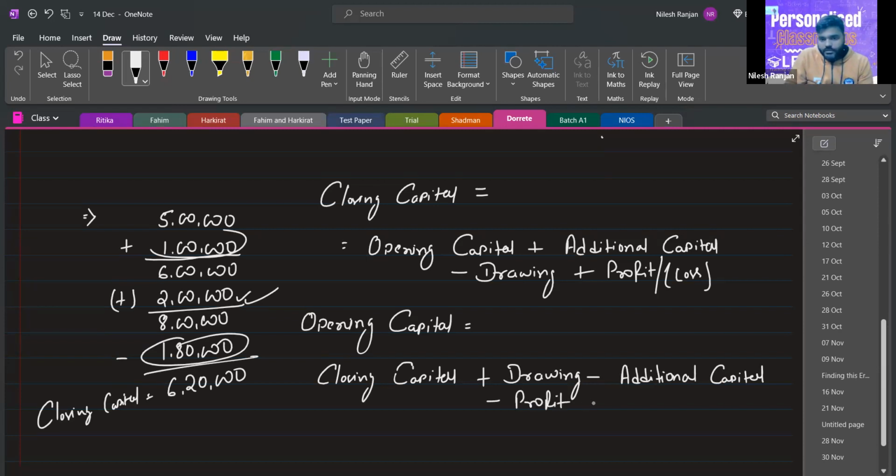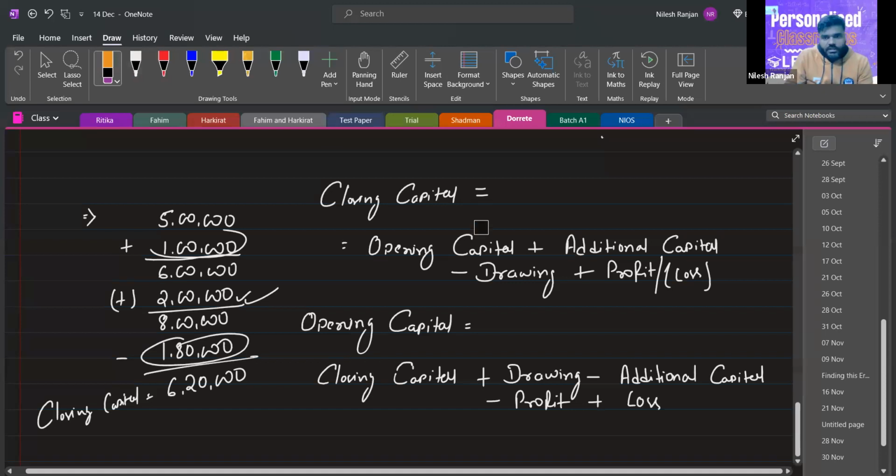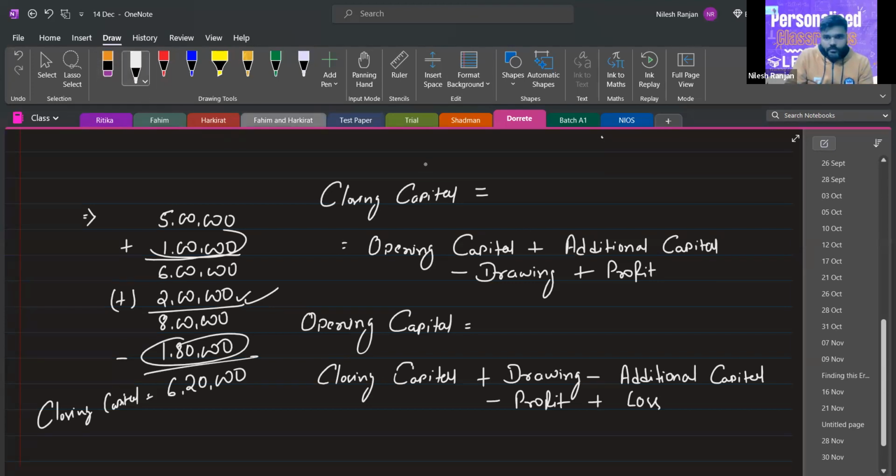Minus profit, plus loss. Here it is plus profit and minus loss. In profit or loss, any one item can come into the formula, not both, so either profit or loss.